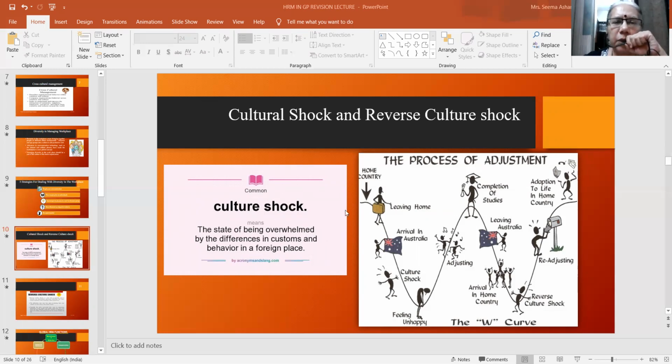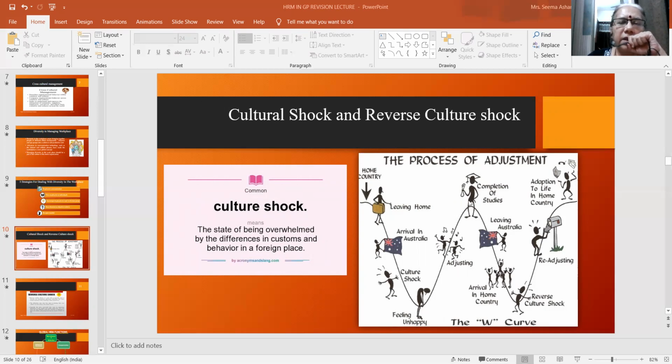If you look at the picture over here, this is a person who is leaving his home, going for a foreign assignment. When he comes to the foreign country, he is not able to adjust and he goes into culture shock. Slowly, he gets used to and learns to cope with the new changes, and then he starts adjusting.